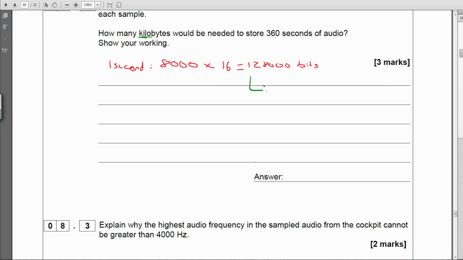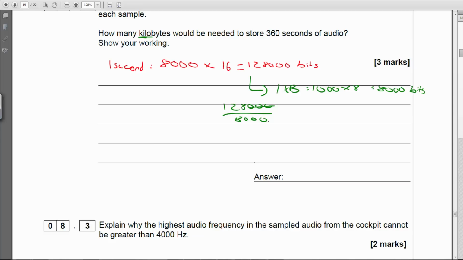So I want to work out how many bits are in 1 kilobyte, and then I'll divide. 1 kilobyte is going to have 1,000 bytes, but there are 8 bits in a byte, so we multiply this by 8, and so we're going to have 8,000 bits in 1 kilobyte. To work out how many kilobytes are in this, we divide 128,000 by 8,000.